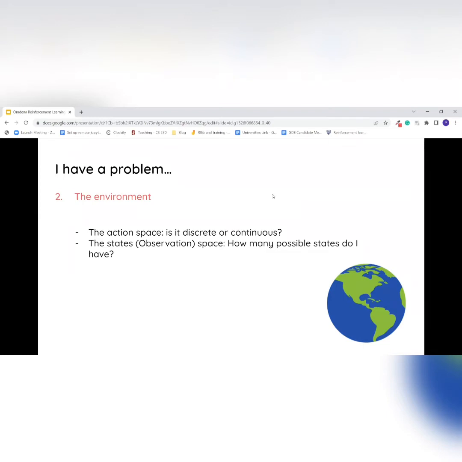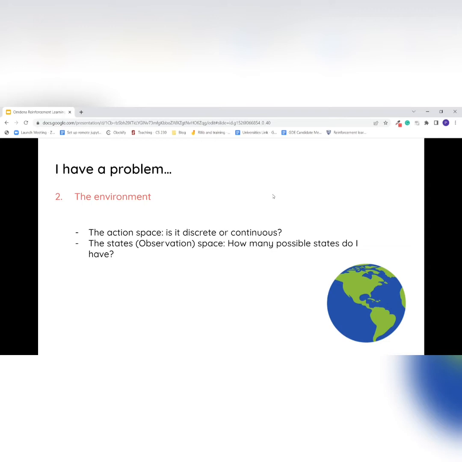And then for the states, how many possible states do I have? As we saw, for example, in the game of chess, if it's an 8 by 8 chessboard, we have 64 possible states that the agent can be at.